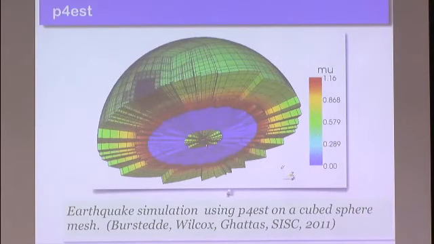This is an earthquake simulation, and what you see here is a cube sphere that's been extended into 3D, and each block is actually a refined octree. That's how they're able to do the geometry, by putting together several hexahedrons. Each hexahedron is an adapted octree.